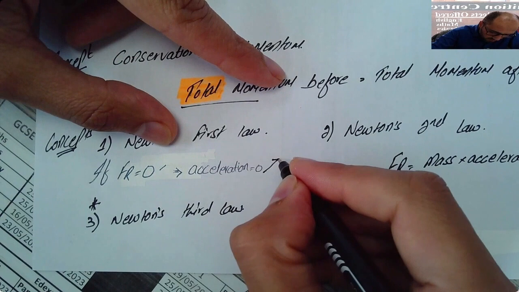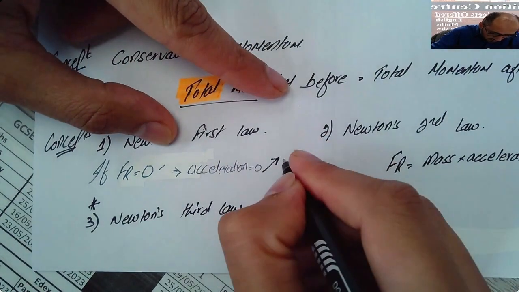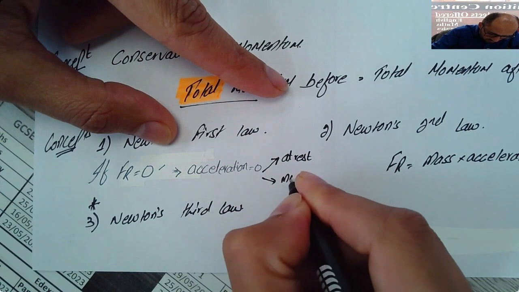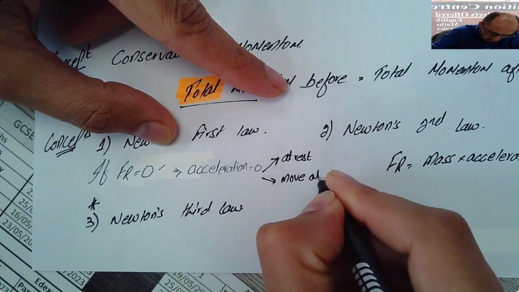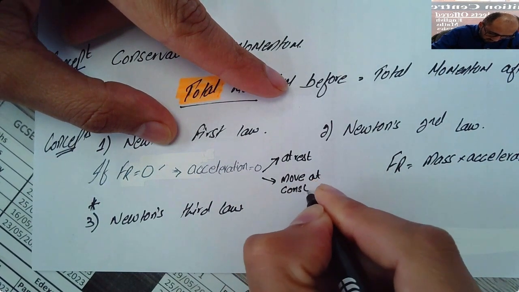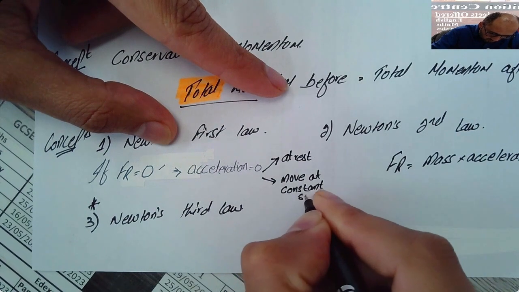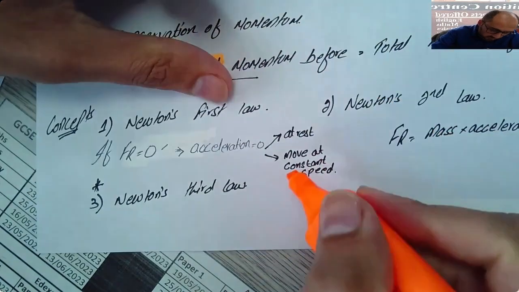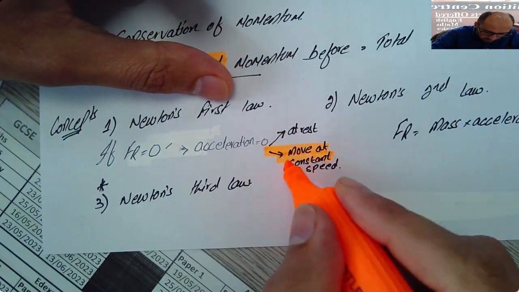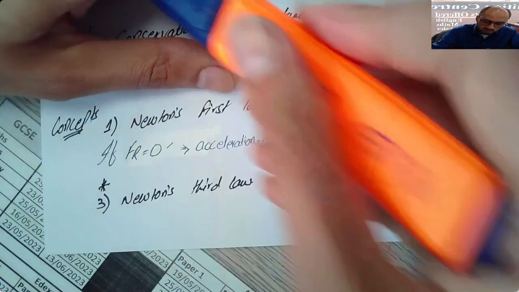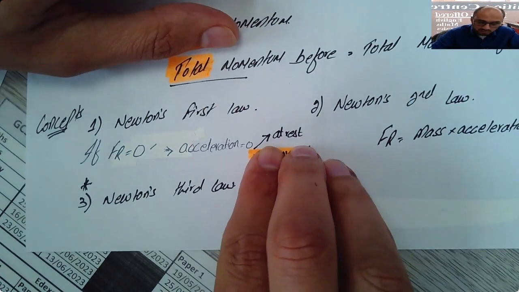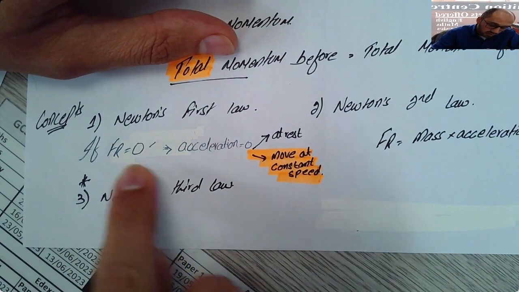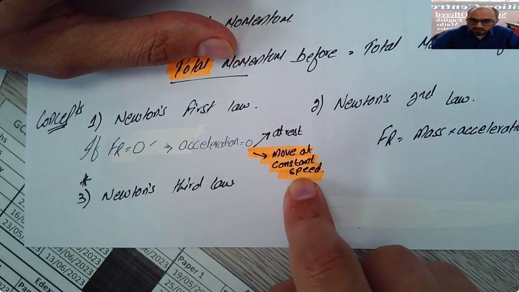It will stay at rest, or it will move at constant speed. You have to remember, and this is where a lot of people tend to make mistakes, that it will not always stay at rest if the resultant force is 0 or the forces are balanced. There's another option as well. If the object is moving, it will move at constant speed.